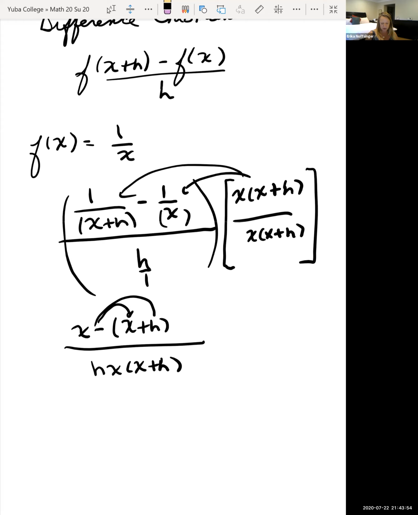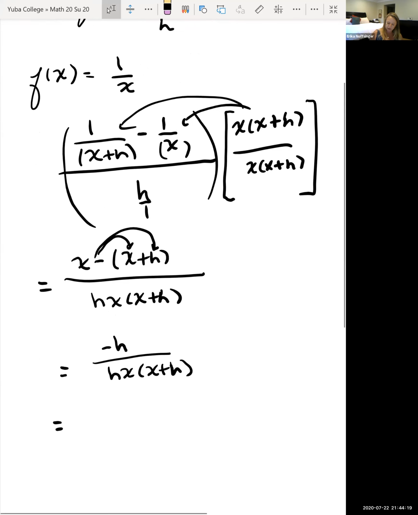So let's multiply through by a -1. And so we have x minus x minus h. So x minus x cancels. We are left with a -h in the numerator, all over h times x plus h. Notice your h's cancel.